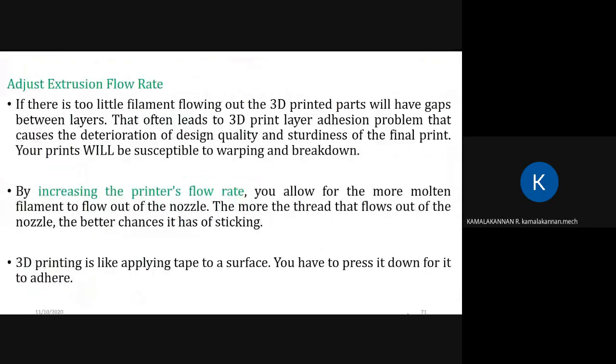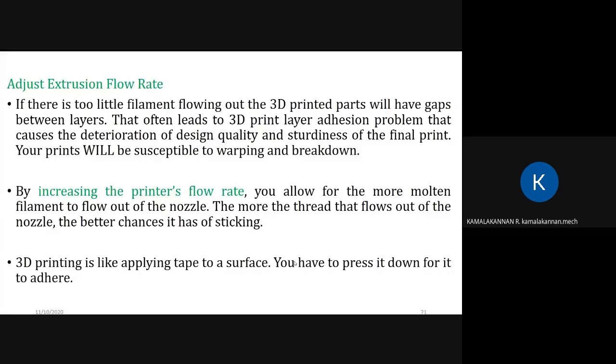Okay, boys. Adjust extrusion flow rate. If too little filament flows out, 3D printed parts will have a gap between layers. Adjusting the flow rate, how much flows out of the extruder, is important.